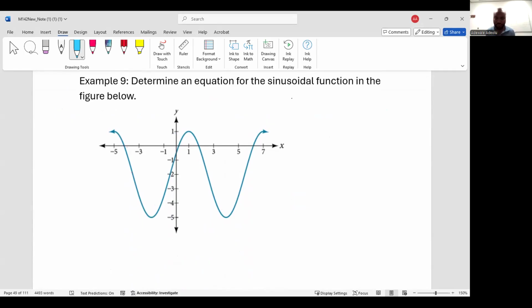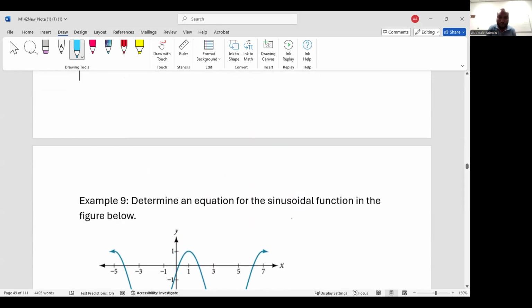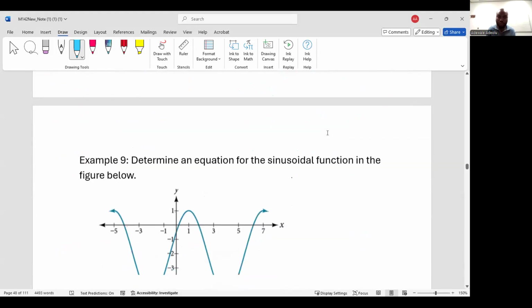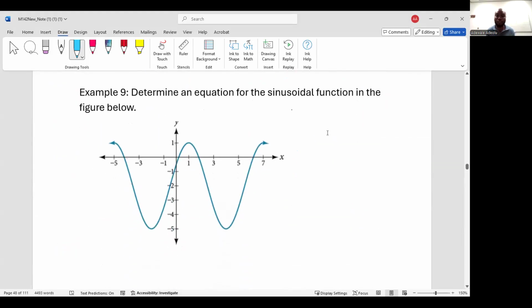Now, in this case, we were not told, like here, that we have to write it in cosine. In this situation, we're not told if it is cosine or sine, so we are free to use anything, and it will be the same thing. If student A writes theirs in cosine and student B writes theirs in sine, if you graph it, you will have the same thing.